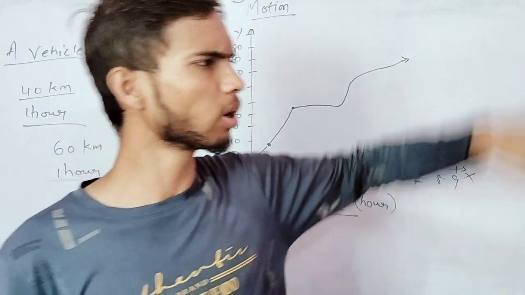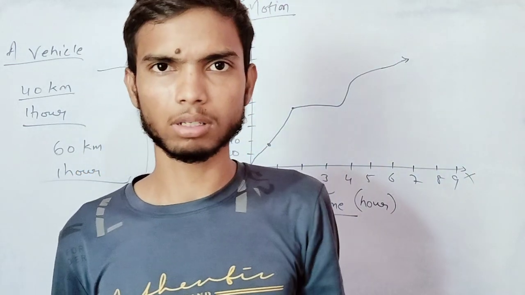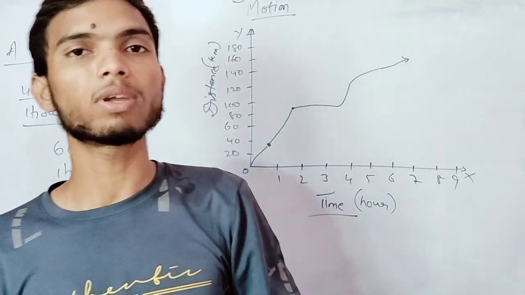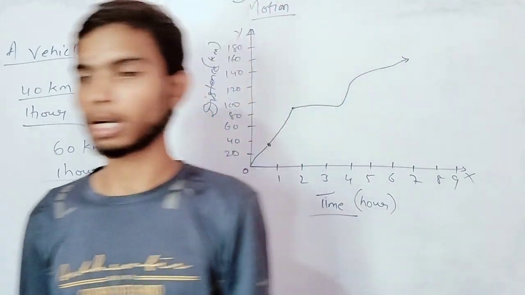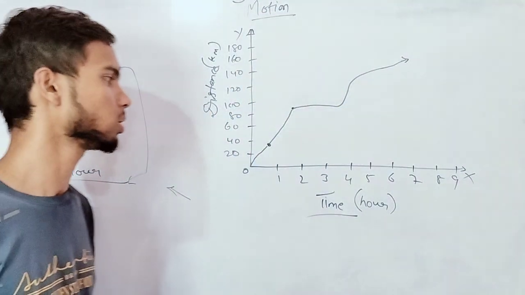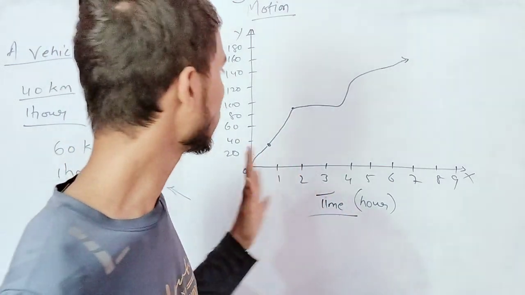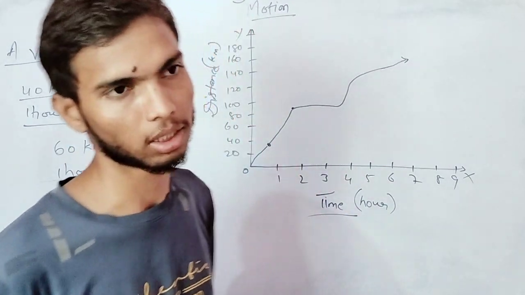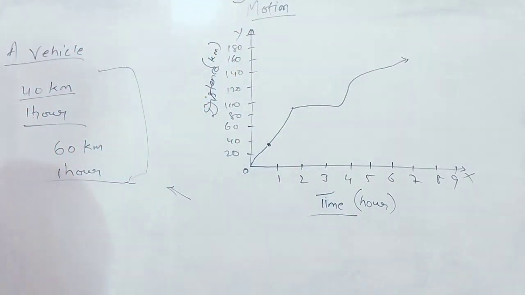We will not be drawing the graph again and again. That's why we apply the mathematical way. To understand, you can use it, and its uses are more in real life. So our main point is to understand.